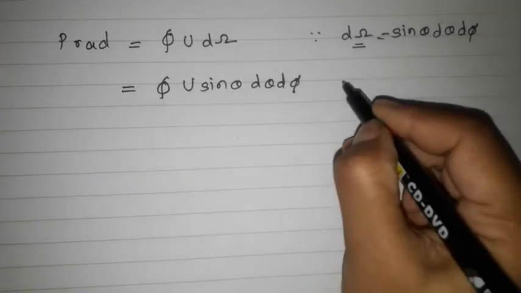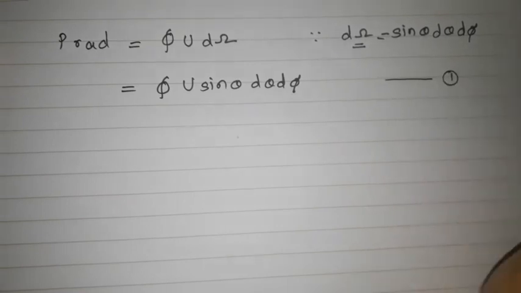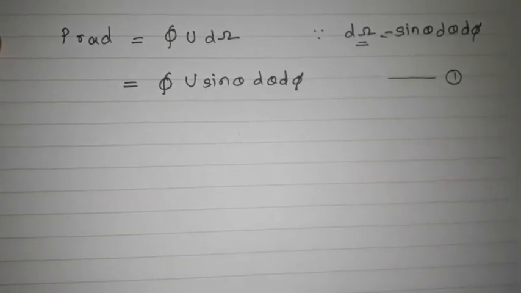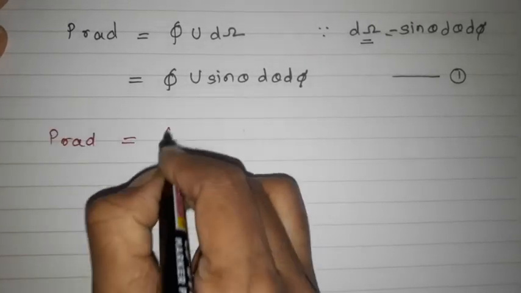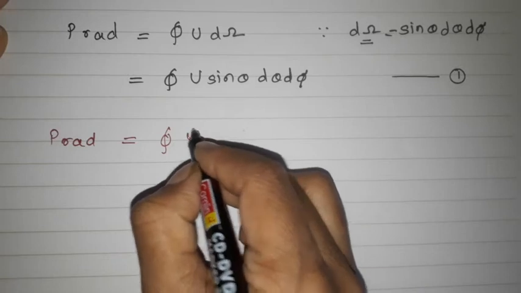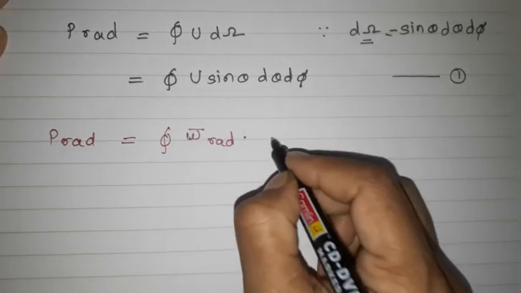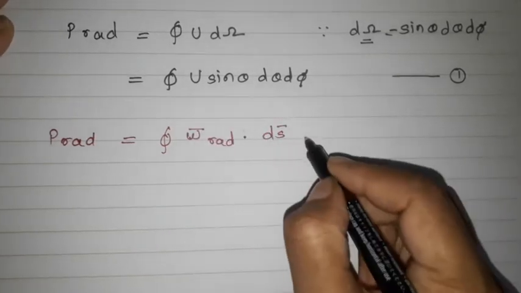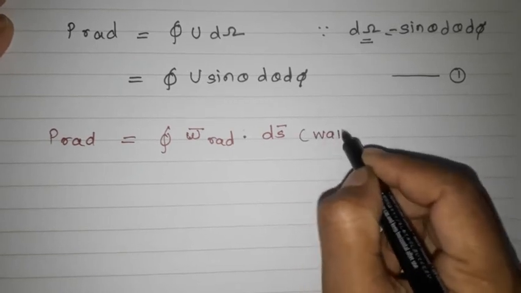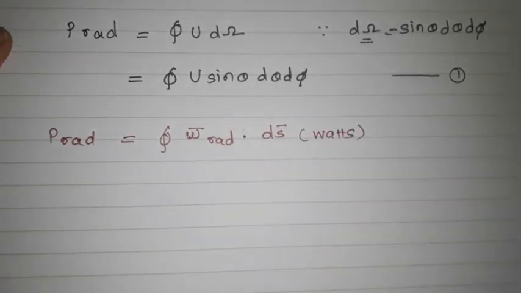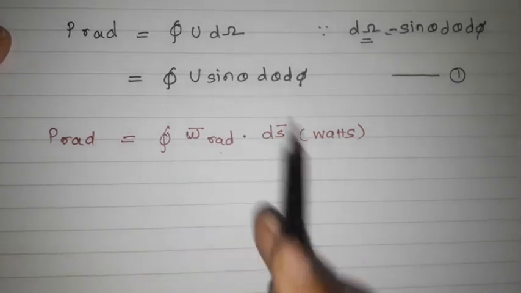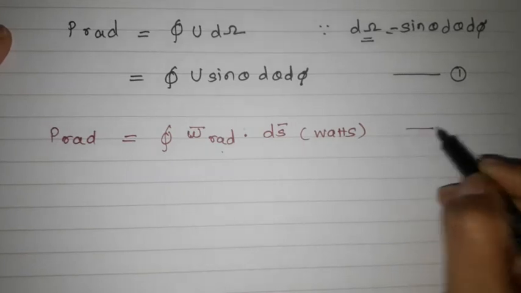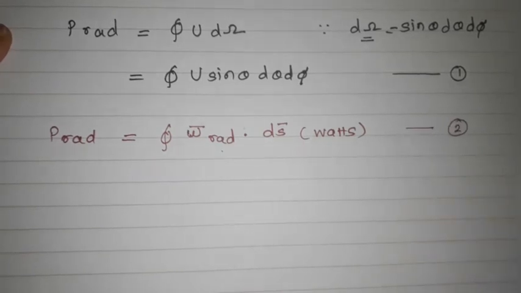This is the first formula for the radiated power. We can also define the radiated power using the radiation density: P radiated is equal to the integration of the power density over the incremental surface. So you can calculate the radiated power in terms of the radiation density and in terms of the intensity. Let us denote this as equation number 2. The radiation intensity is also used to express the normalized power.